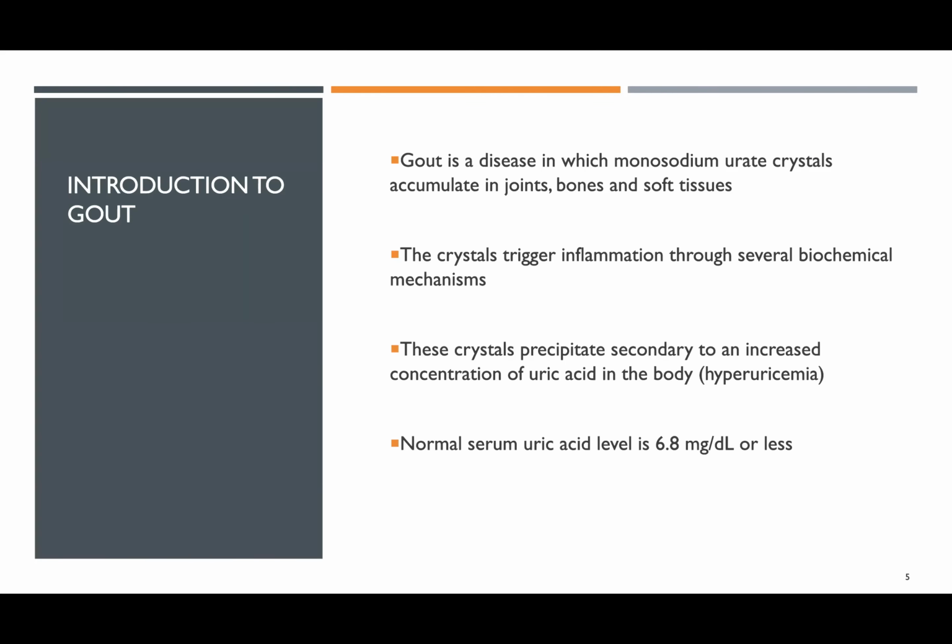What is it? Gout is a disease where you have a deposition of monosodium urate crystals in the joints, bones, and soft tissues. The crystals themselves accumulate because the normal solubility of uric acid is about 6.8 milligrams per deciliter. Above that concentration, you start to have precipitation of crystals.